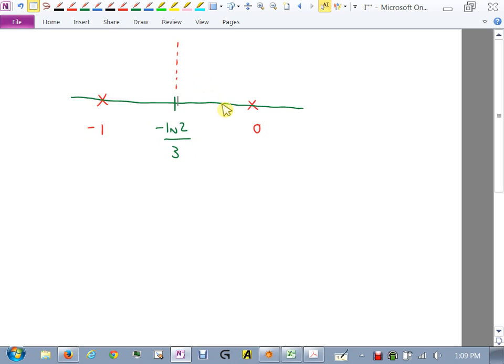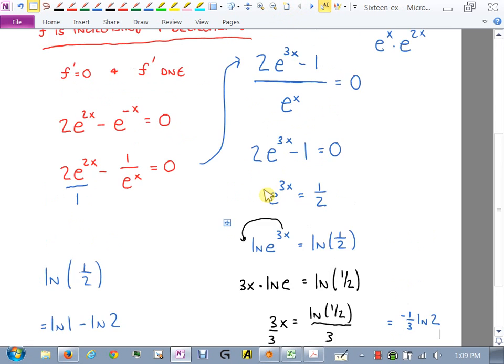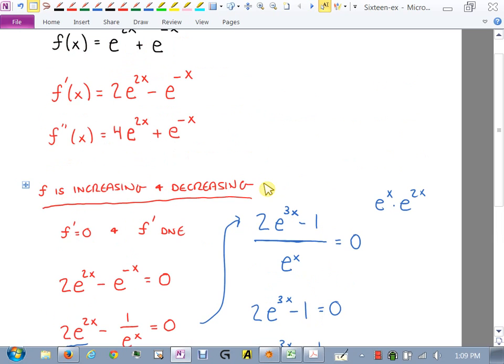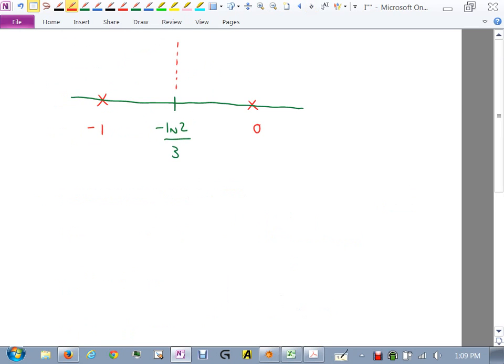And I'm plugging these test points into the derivative, right? Test points always go into the derivative. So I go back to the derivative, which is here, and let's plug in negative 1 first. So what would f prime of negative 1 be?